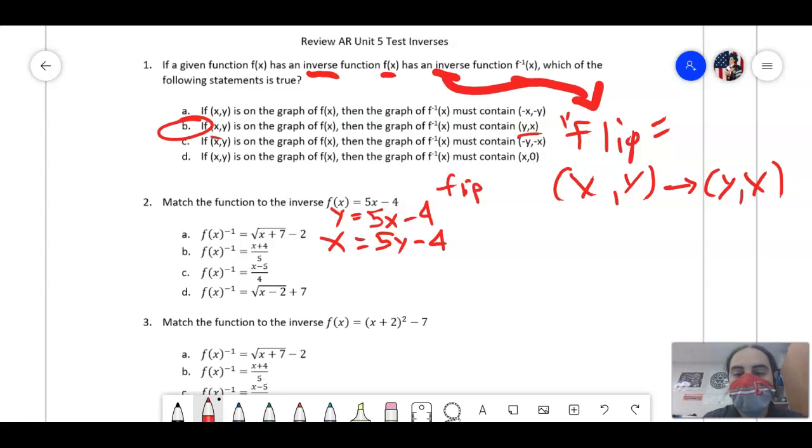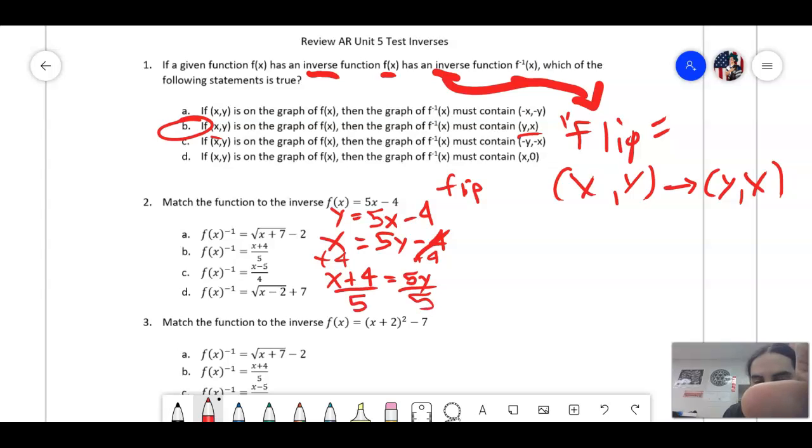You first get rid of the loner, the constant, minus 4, by doing the opposite. The opposite of minus 4 is plus 4. Plus 4. X plus 4 are not like terms. We bring that down. And that equals 5y. Now your last step to get rid of that 5 is to divide by 5 and divide by 5.